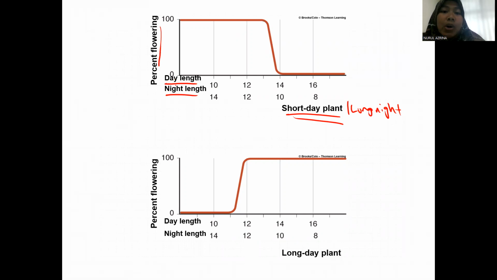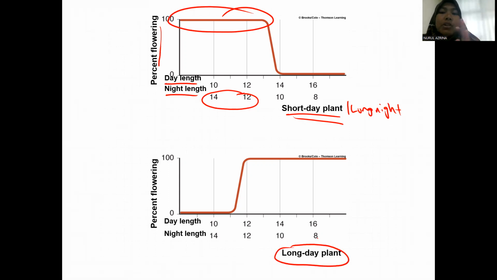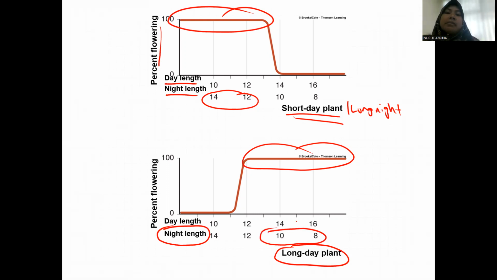You can see when the night length is longer, the percentage of flowering is very high. If you compare with the long day plant, long day means short night plant. They will flower if the continuous dark period or the night length is shorter than the critical period.